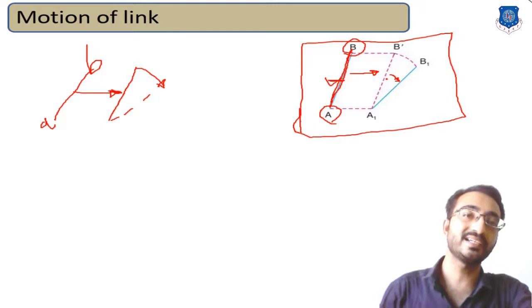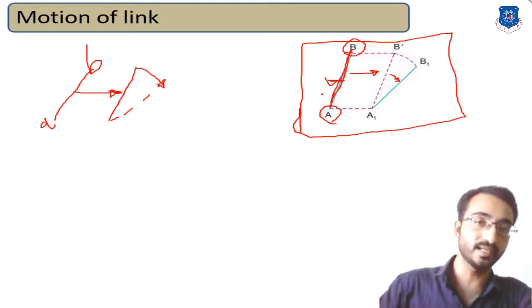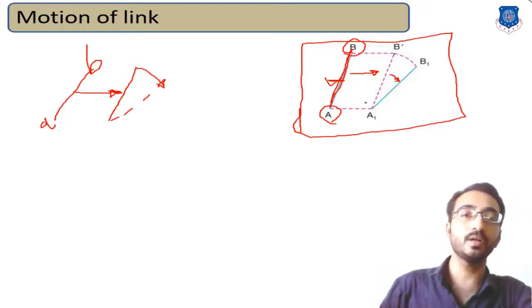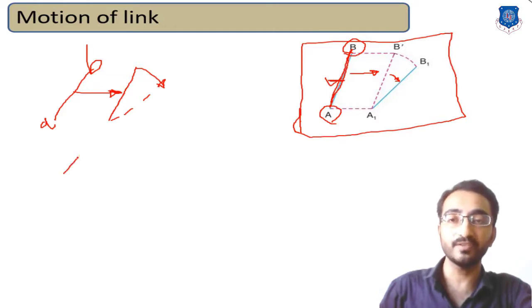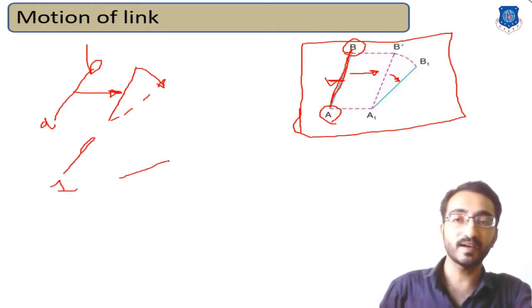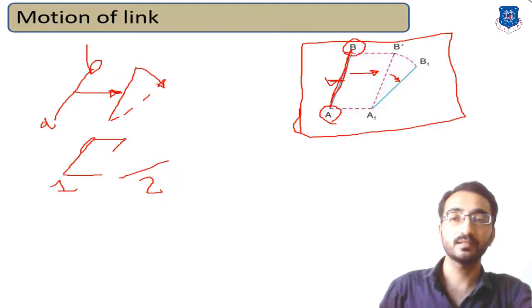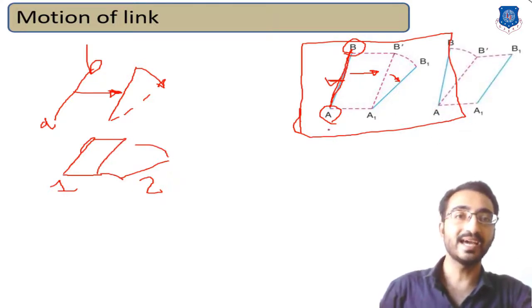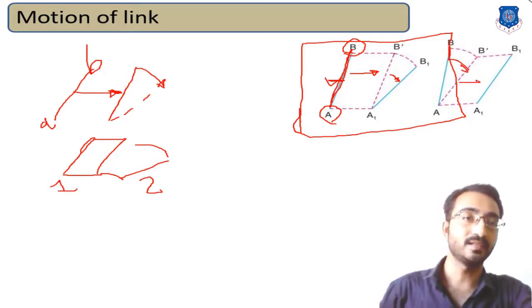So let's consider it is translating as well as rotating. In that case you are not able to identify, because if this is position number 1 and this is your final position, position number 2, you cannot identify whether it has translated first and then rotated, or rotated first and then translated in this direction.